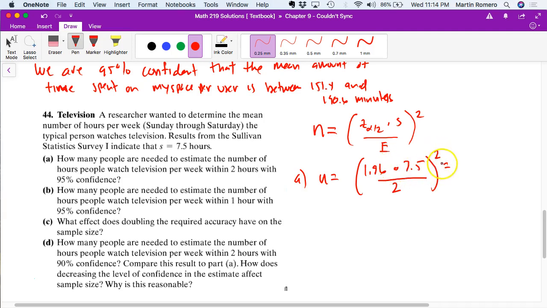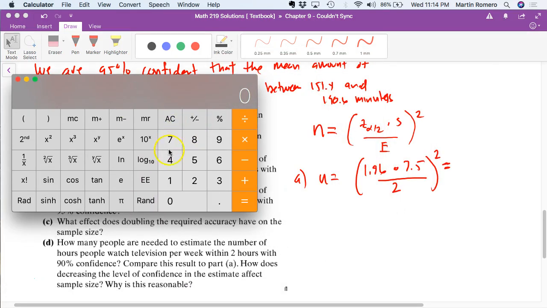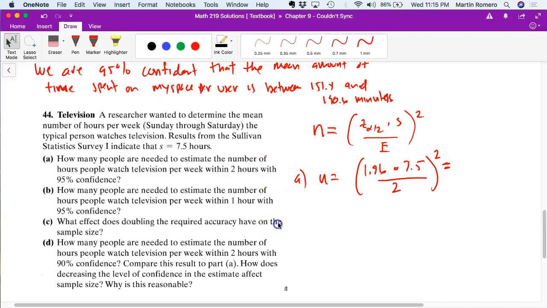So if you put that value in, 1.96 times 7.5 divided by 2, and then we're going to square that. You get 54.02.